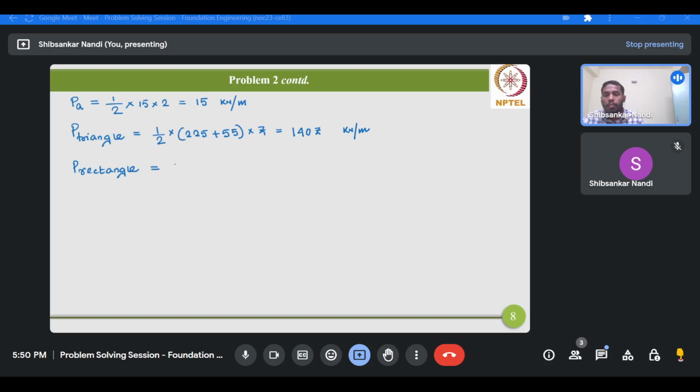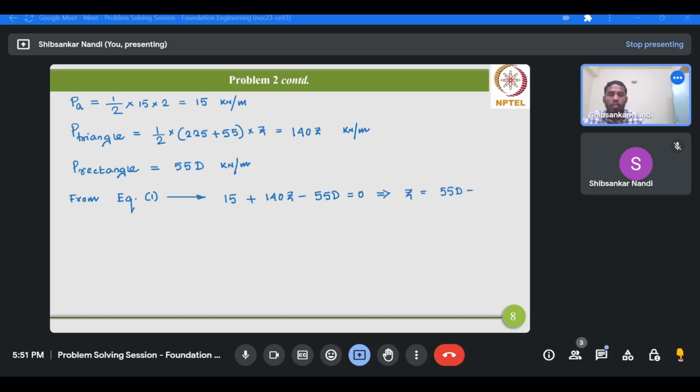So P rectangle is simply 55 times T per meter. Now from equation 1, we will be having 15 plus 140Z minus 55T equals 0, or Z we can represent in this fashion: (55T minus 15) by 140.